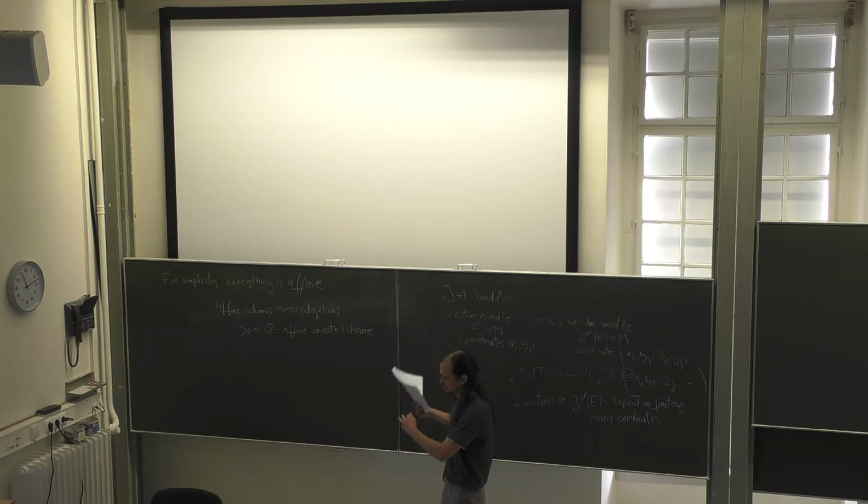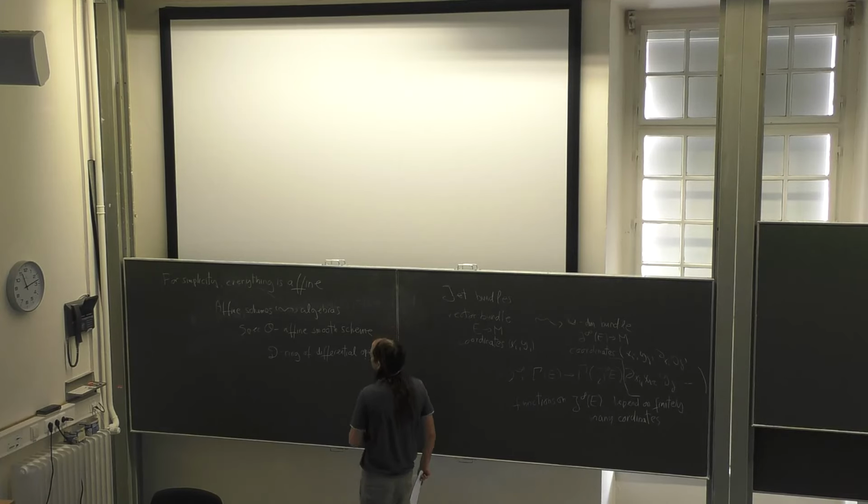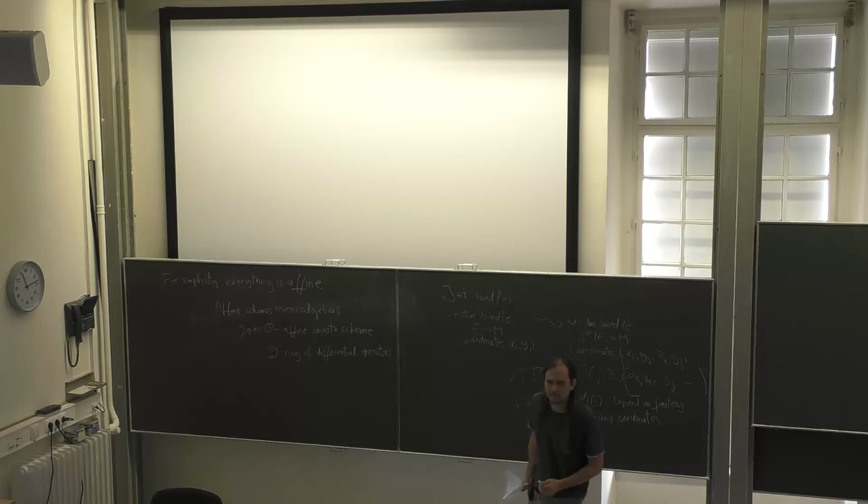Now, as I said, everything is affine, so everything is algebraic. We don't need sheaves; we need algebraic analogs. So we get just a ring of differential operators, D. These are the global sections of the sheaf. They completely determine the sheaf.